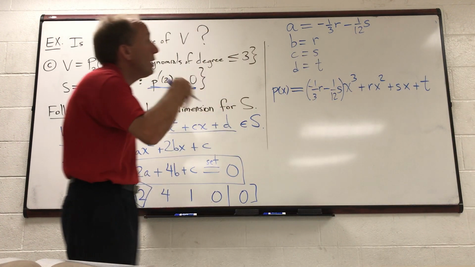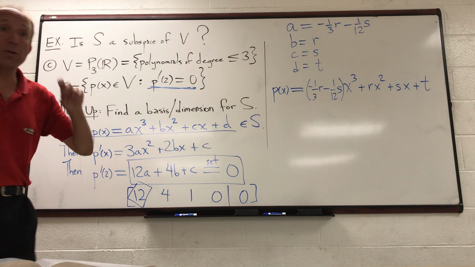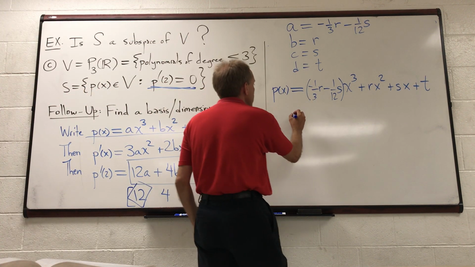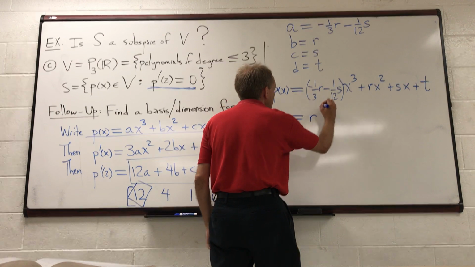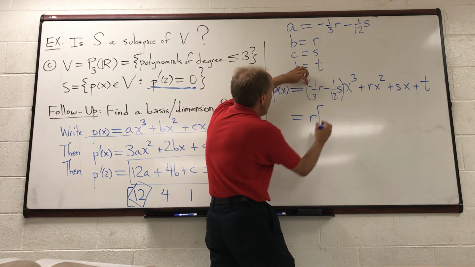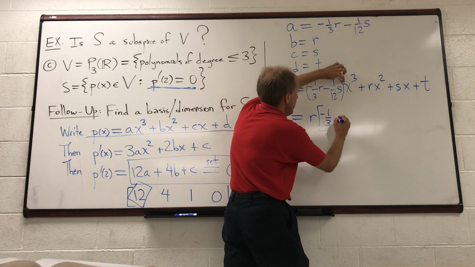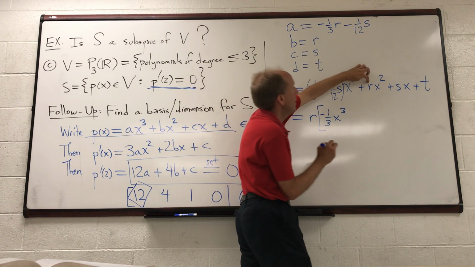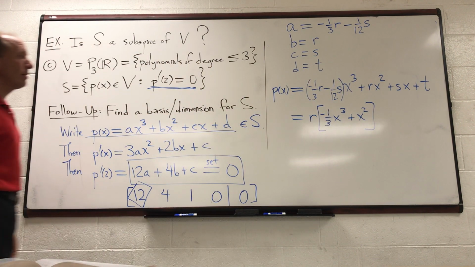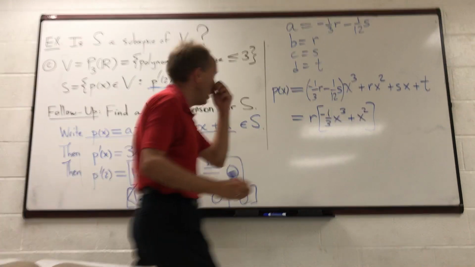And now we can still bust out the variables. It's just we don't have the slots, right? So I can still take this thing and pull out the R. Where's my R? Here's the R. I have a negative 1/3 X cubed on it. And then here's an R with an X squared. So we get negative 1/3 X cubed plus X squared.